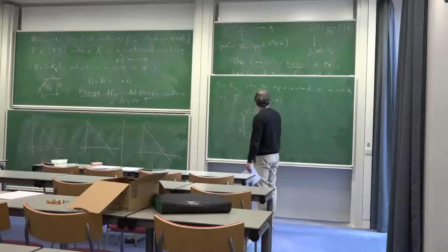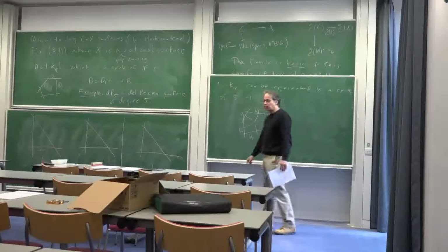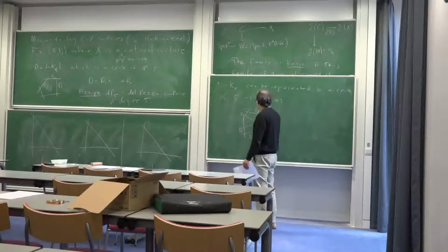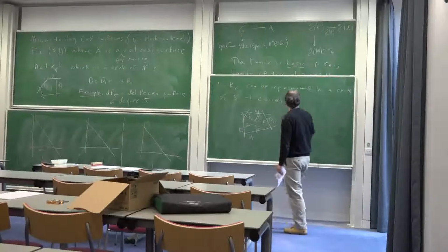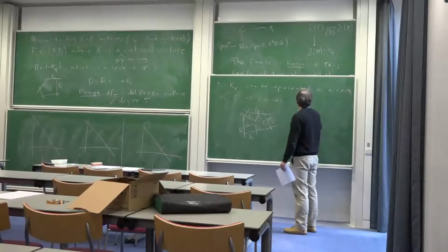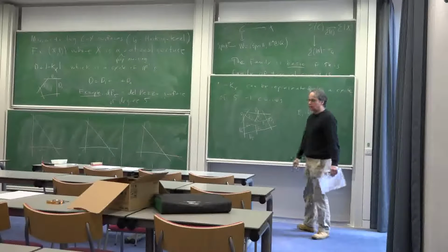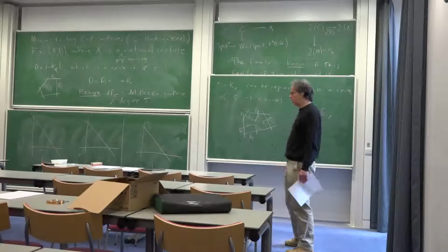And then, as I said, there are 10 minus 1 curves. Which I'm going to call E_1, E_2, E_3, E_4, E_5. This has the property that E_i dot D_j is delta_ij. So E_i only intersects D_i.